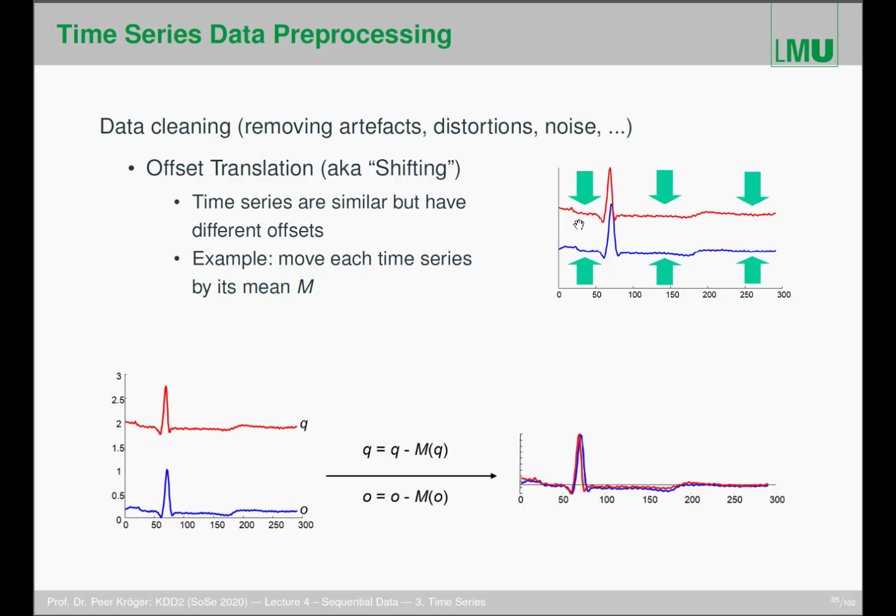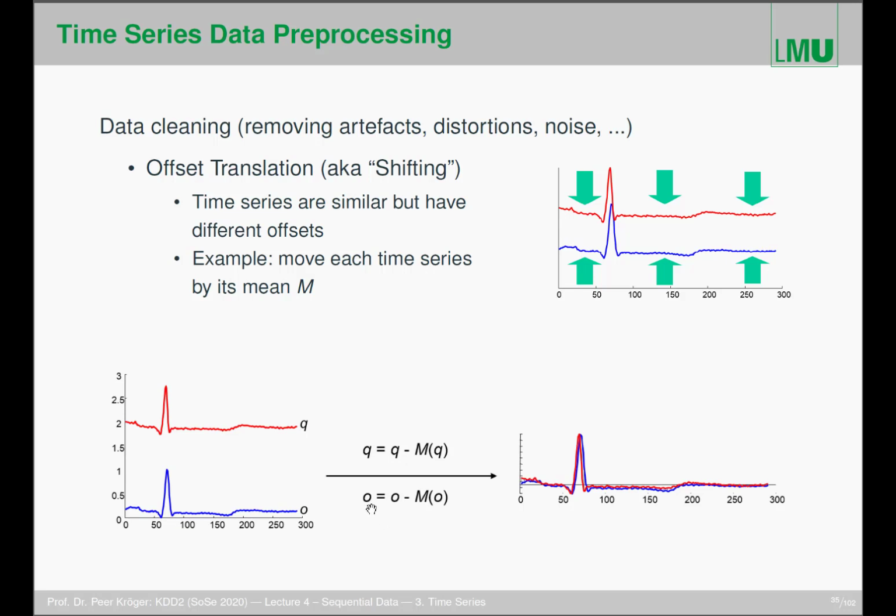But if you are not so interested in the different offsets, then an offset translation, also known as shifting, might be a good idea. So what you do here typically is that you move each time series by its mean. So you take the mean, M_Q is the mean of the time series Q here, and you move Q by the mean.